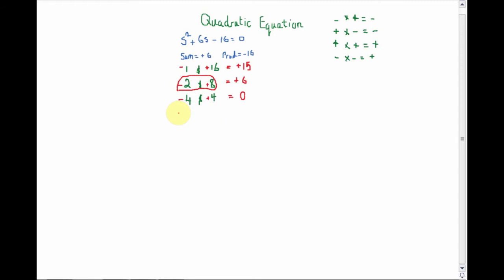Then this equation will be written as x squared minus 2x plus 8x minus 16 equals to 0.